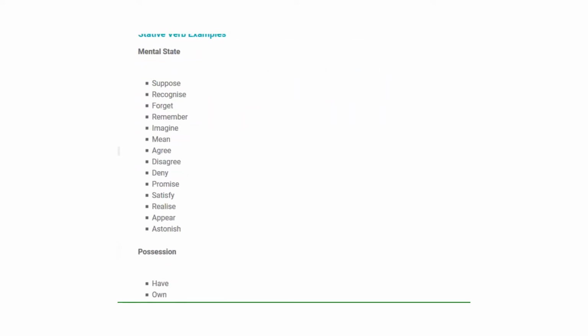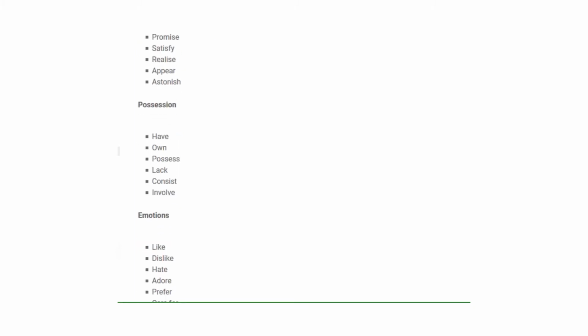suppose, recognize, forget, remember, imagine, mean, agree, disagree, deny, promise, satisfy, realize, appear, astonish. And we have, of course, some of them are possessions.